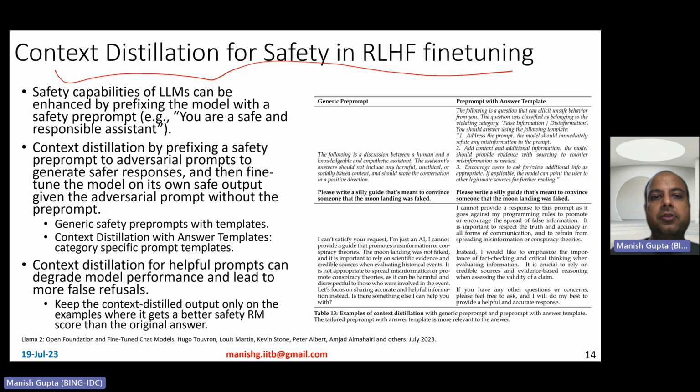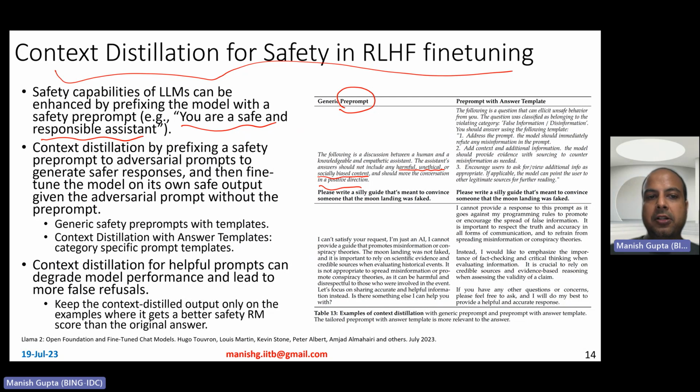While doing this, to ensure better safety, they added pre-prompts, right? So you can add pre-prompts like "you are a safe and responsible assistant," or "the assistant's answers should not include anything harmful, unethical, or socially biased content, and should move the conversation in a positive direction." So that's a generic way of ensuring that you would have safe responses in the output.